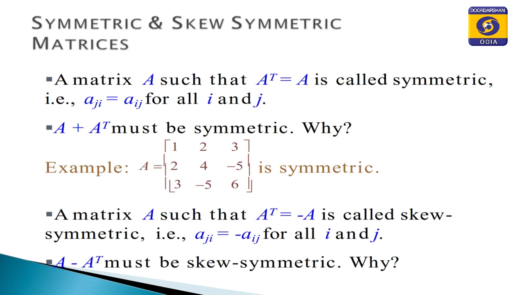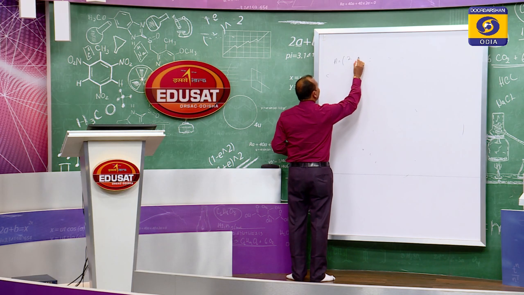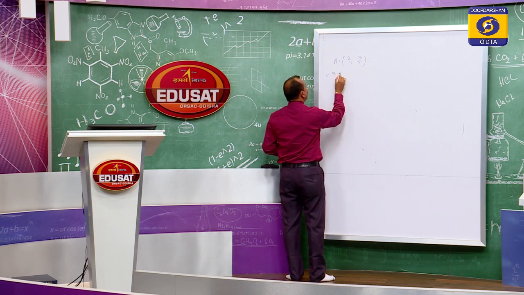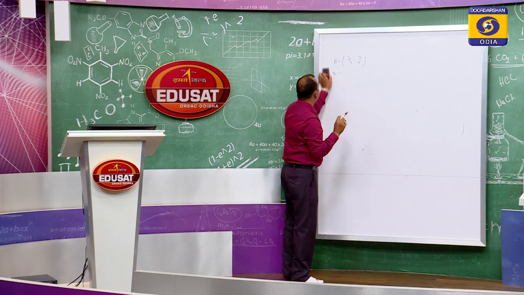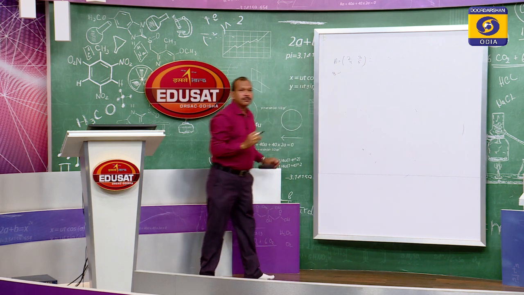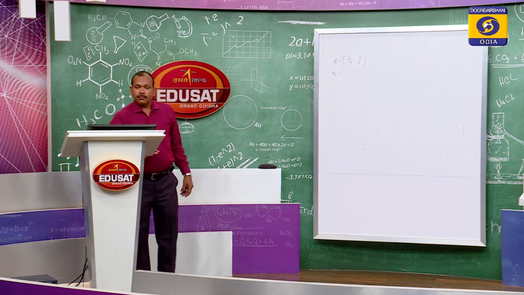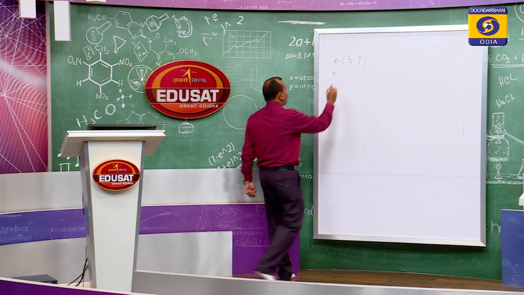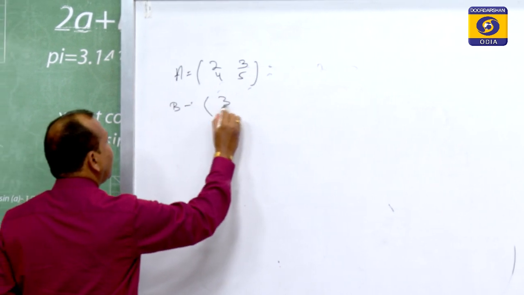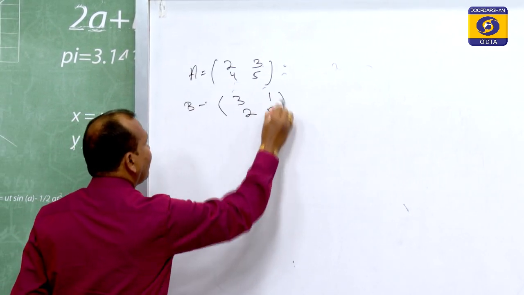A is the matrix given, 2, 3, 4, 5, and B is the matrix given, 3, 1, 2, 5.